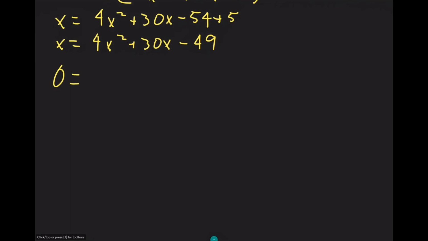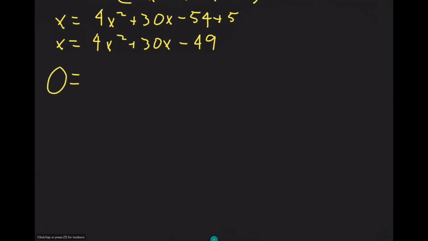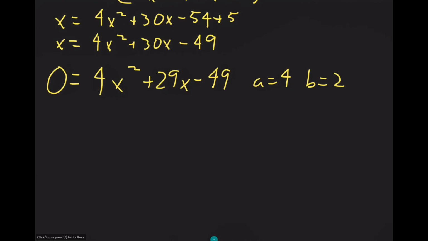And that leads to, hold on, it looks like a 6. Okay, so then 0 equals 4x squared plus 29x minus 49. Alright, so now we have a equals 4, b equals 29, and c equals negative 49.